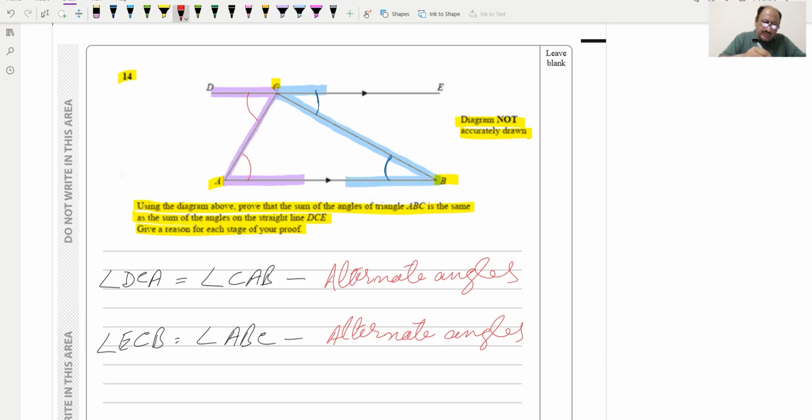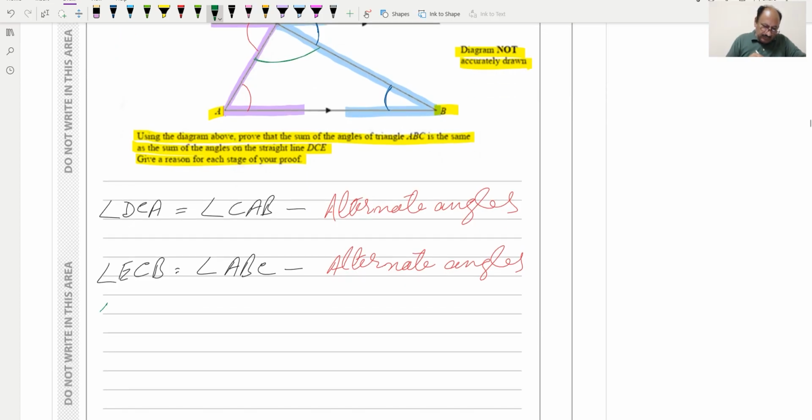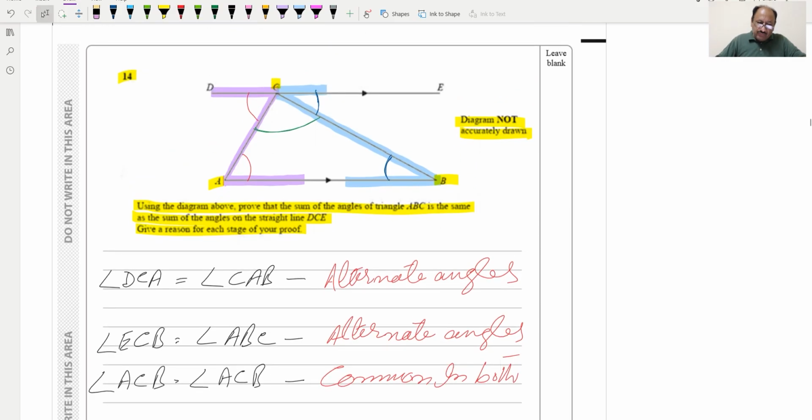So which one is the third angle? The third angle is this one, which is common in both, which is angle ACB. We will write here angle ACB is equal to angle ACB, common in both. So all three angles we proved are the same angles.